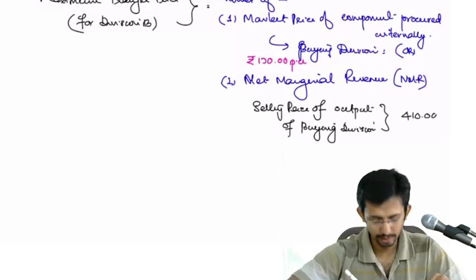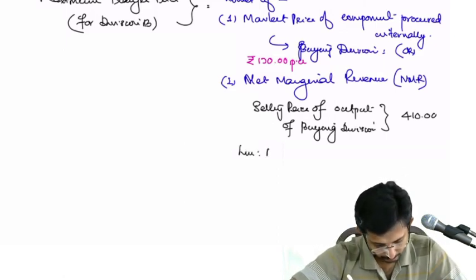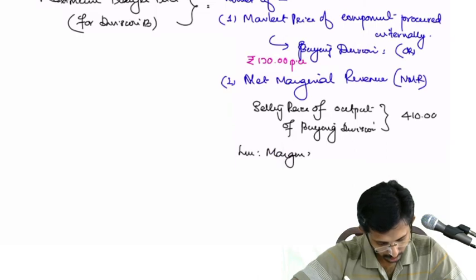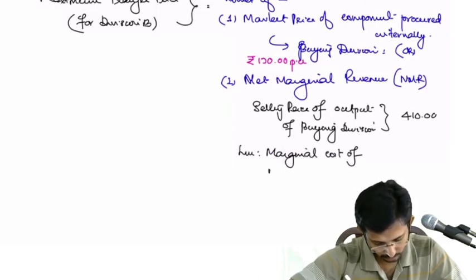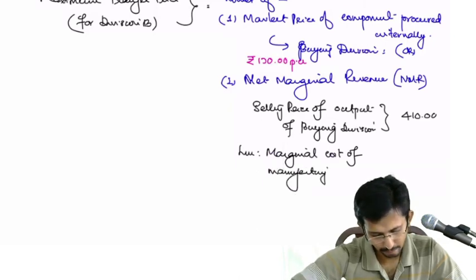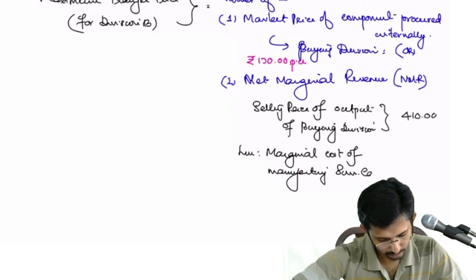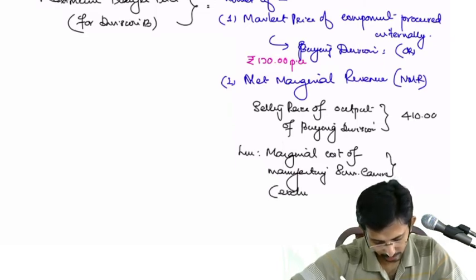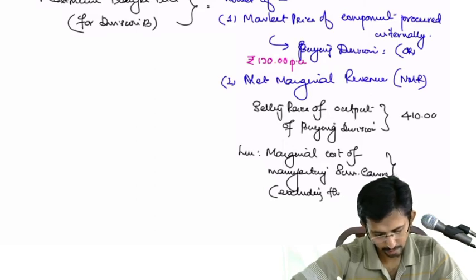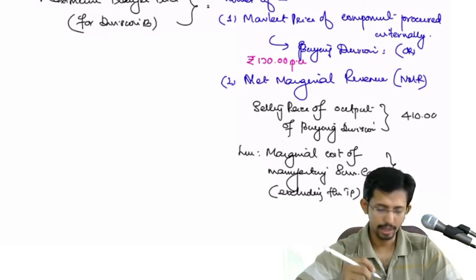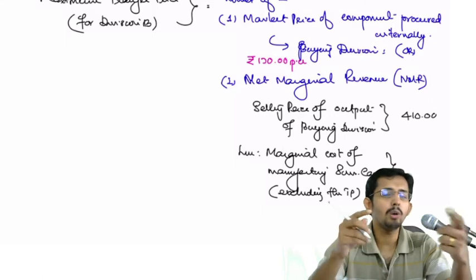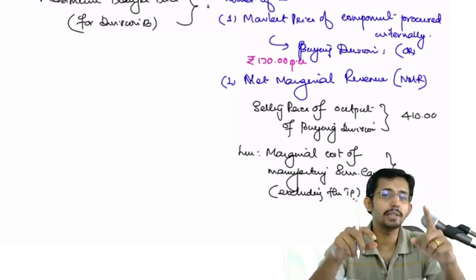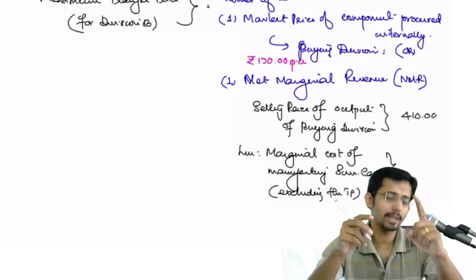So that is the selling price, less the marginal cost excluding the TP. How much variable cost will division B incur for manufacturing one surveillance camera?